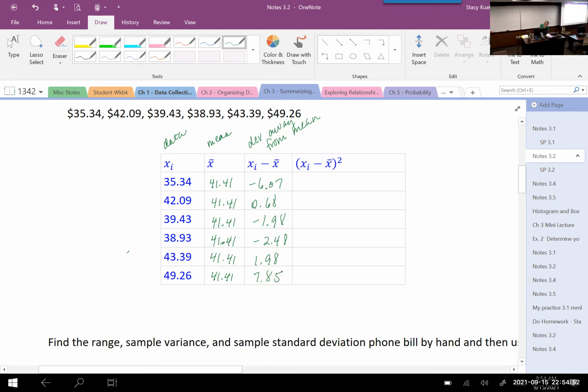All right, so once you get the distance calculated in that third column, now square it.